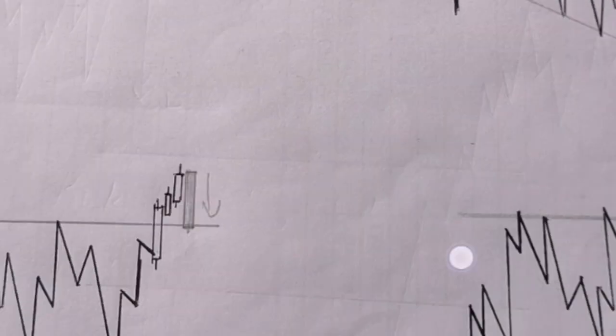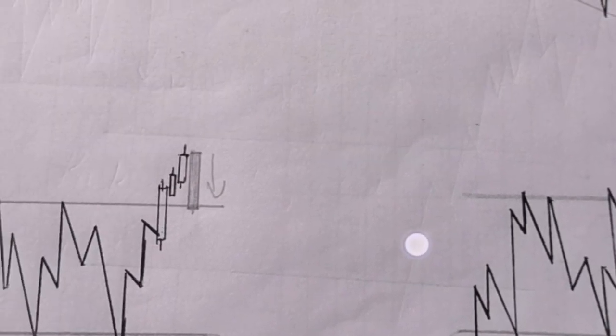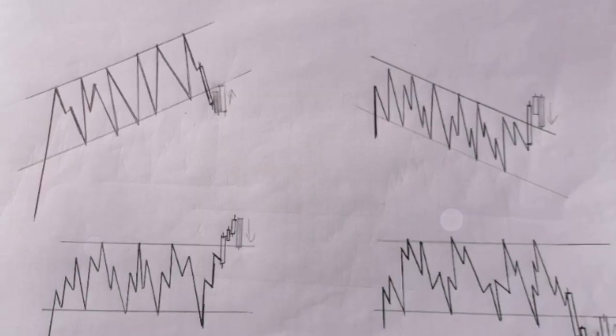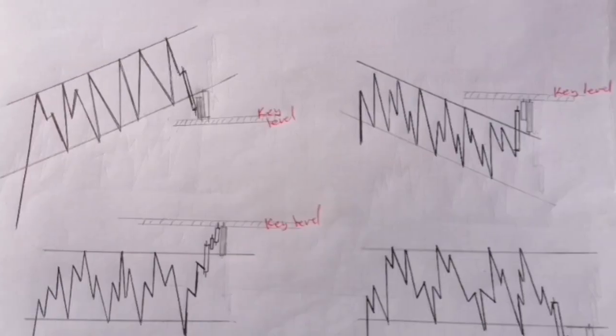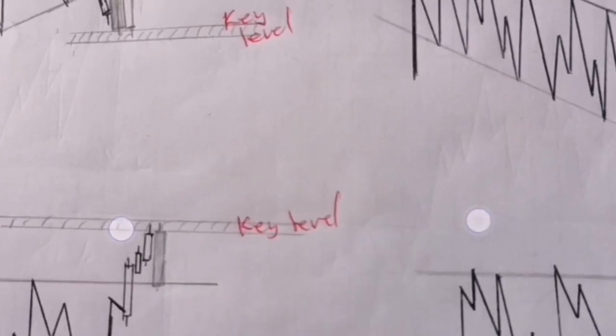And then after retesting that major key level, what you do is you draw a key level where price returned after the breakout.